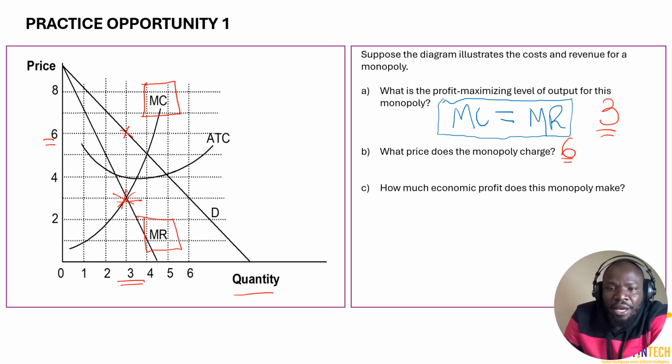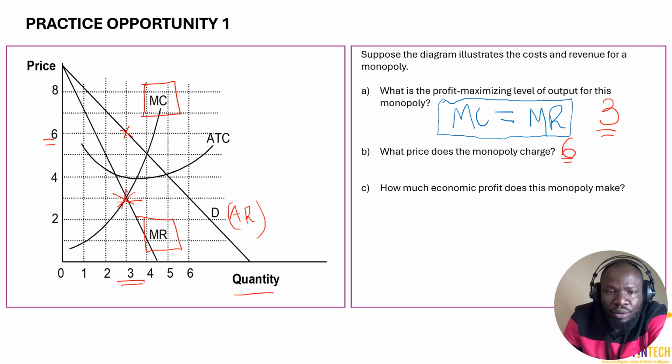All right. And then the last question is, how much economic profit does this firm make? To get the profit, you're going to take the price. Remember, our price is our average revenue. This is the money that is coming in per unit sold. And the minimum point of the average total cost, this is the money going out per unit that is sold.